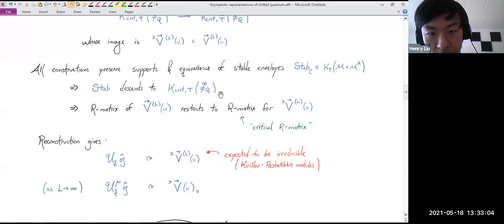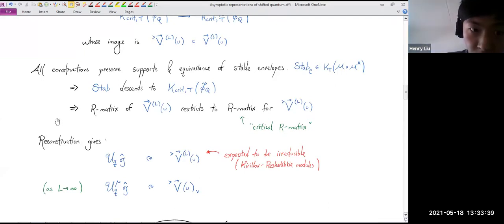Okay. And this R matrix on this module of descending flags, because it arises as a critical K-theory, we'll refer to as the critical R matrix. And of course, all this is not specific to this specific choice of perturbed potential phi tilde. It really is a very general way to get stable envelopes inside critical K-theory.